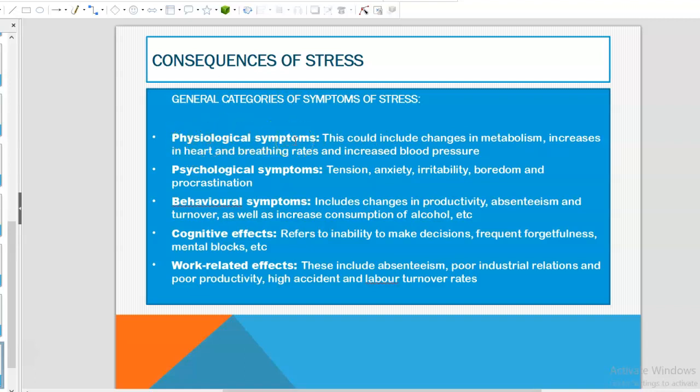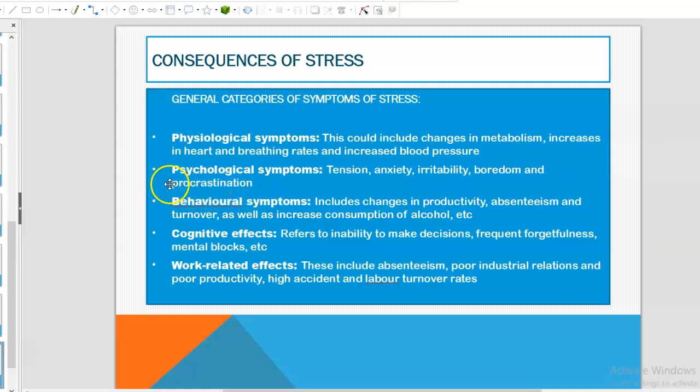I already spoke that physiological talks about the body. So this could include changes in metabolism, increases in heart rate, breathing rates, and increased blood pressure. Psychological symptoms include tension, anxiety, irritability, boredom, and procrastination.